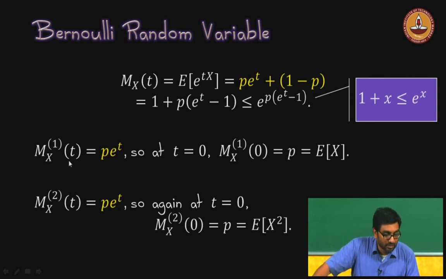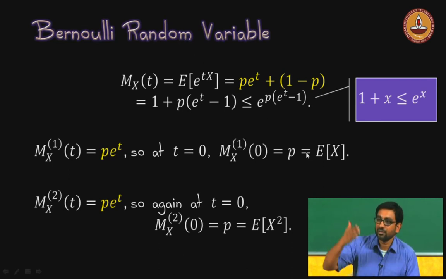Let us take the first derivative with respect to t. You will just be left with p e to the t, and when you evaluate it at t equal to 0, e to the t becomes a 1, and so you are left with p, and that is the expectation of x. If you recall, this fits exactly the theorem that we have just proved.